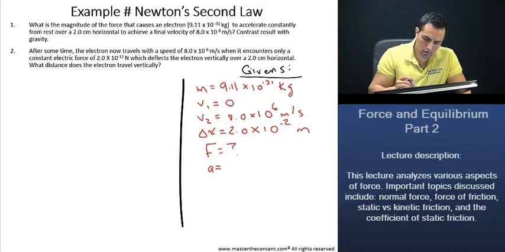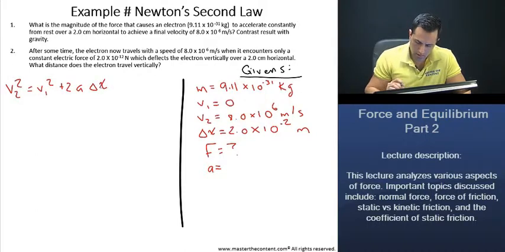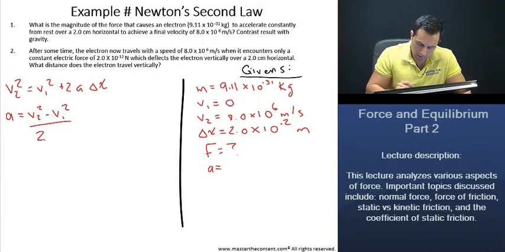Wonderful. And if we recall, our equation there was our final velocity squared equal to our initial velocity squared plus 2a times the change in our distance traveled, and we are looking for acceleration so we can find the force. So that's just going to be our final velocity squared minus our initial velocity squared, over 2 times the change in our distance.